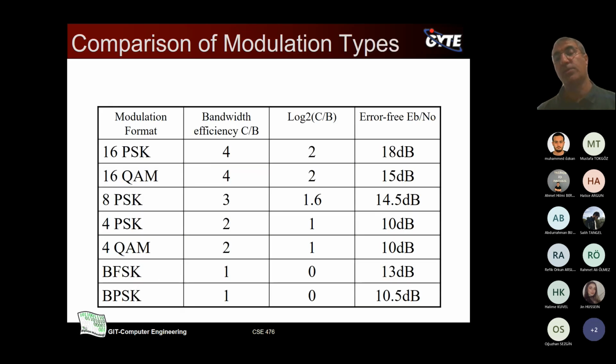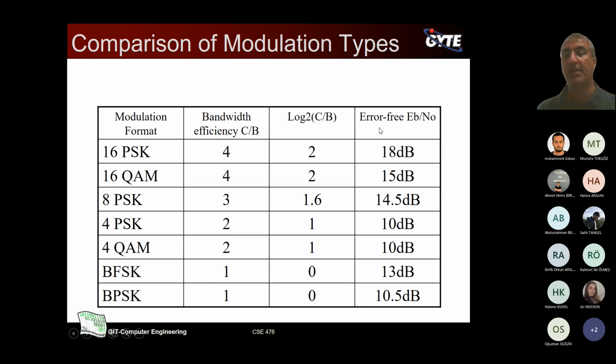Let's look at the modulation and compare these modulation types in terms of bandwidth efficiency. For 16 PSK, the bandwidth efficiency is 4, and for 16 QAM it is 4, for 8 PSK it is 3, for 4 PSK and 4 QAM it is 2, and BFSK is 1.